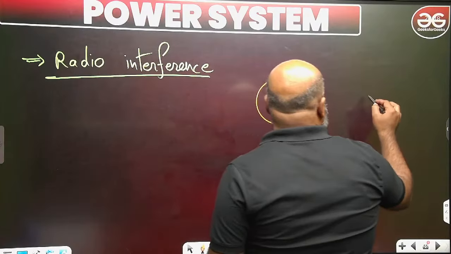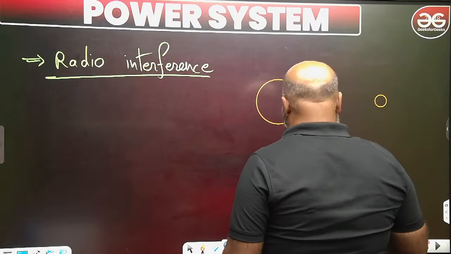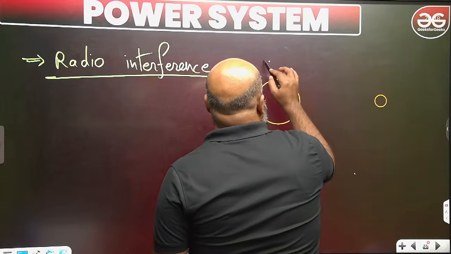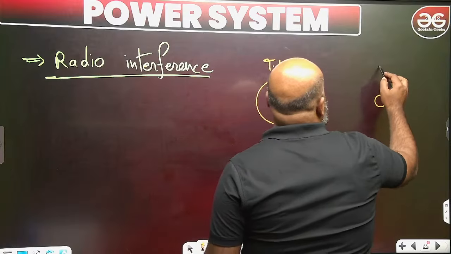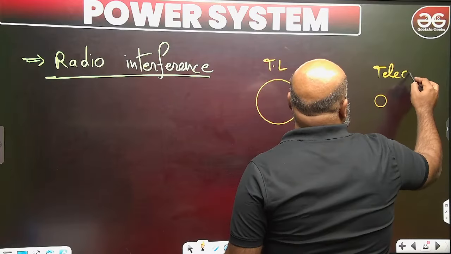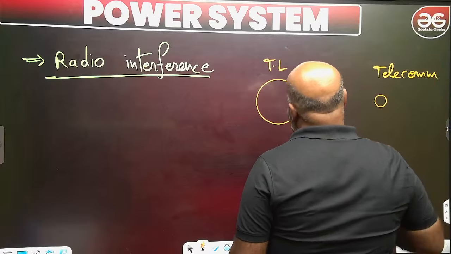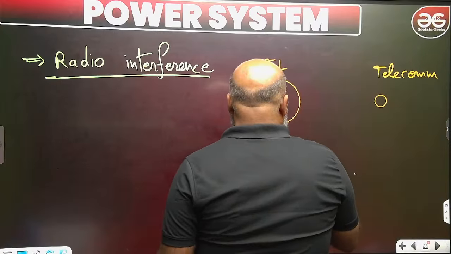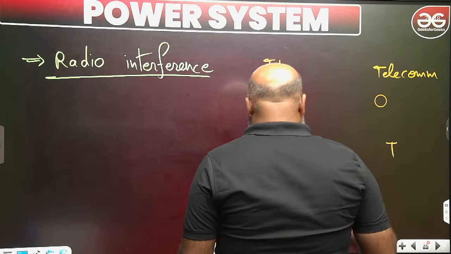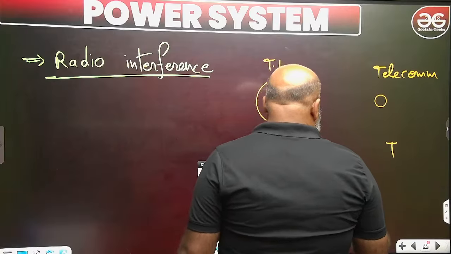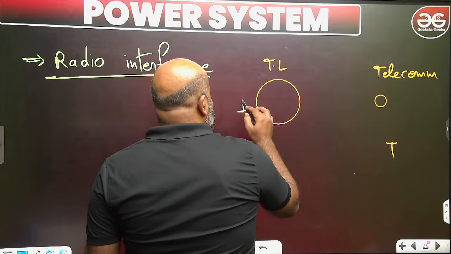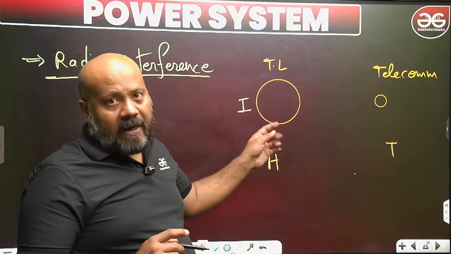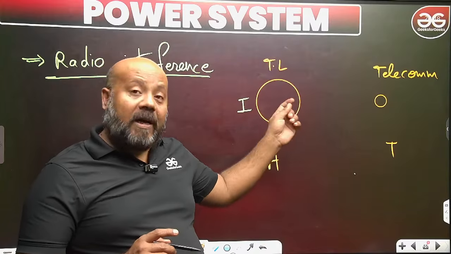So suppose this is your transmission line conductor and this is the telecommunication line. Suppose this is A and this is T. Now suppose it is having some current I. This current is going to have some flux.